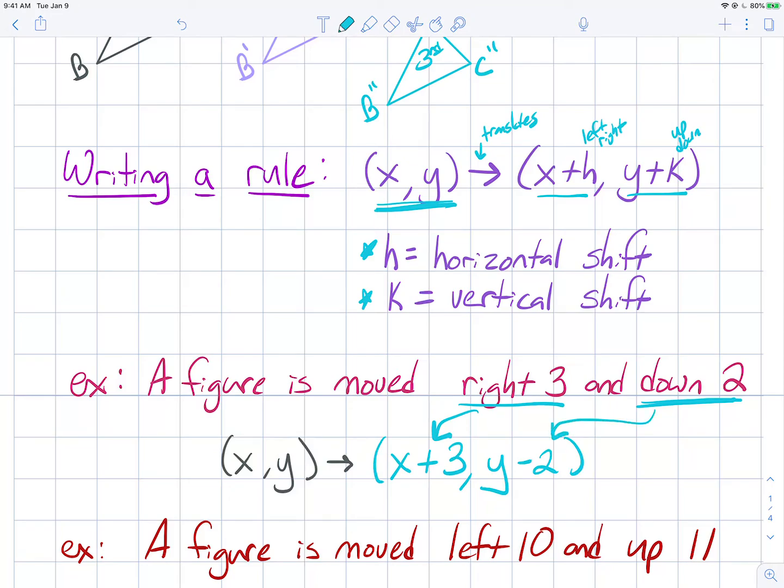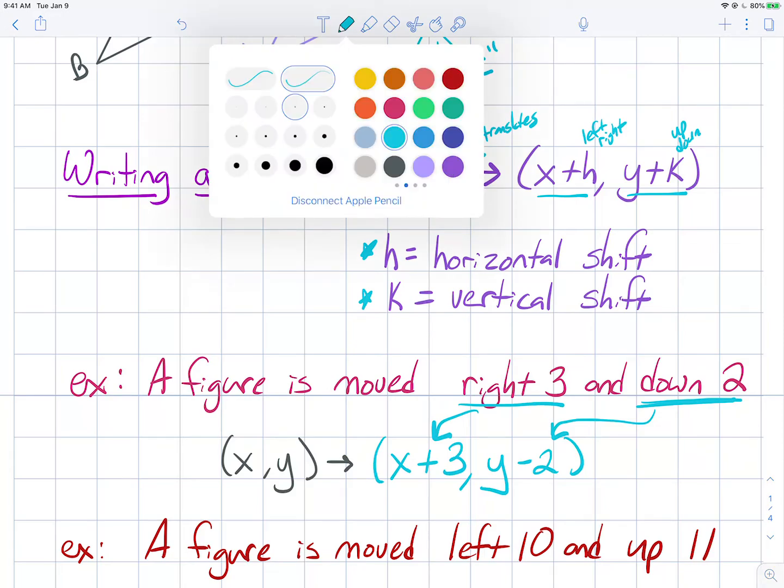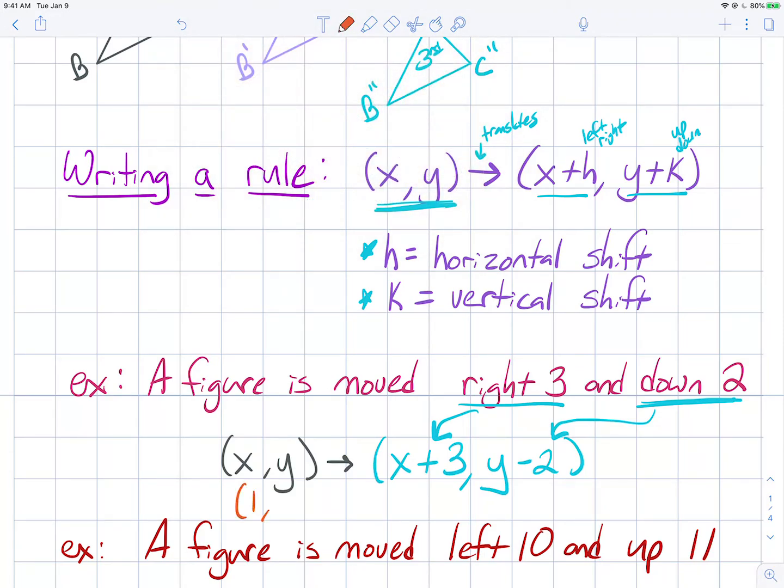So this down 2 means y minus 2. If I gave you a coordinate, you could apply that. For instance, let's just say I gave you the coordinate (1, 5). That would become 1 plus 3, which is 4, comma 5 minus 2, which is 3. So the point (1, 5), if I moved it right 3 and down 2, would land on the point (4, 3).